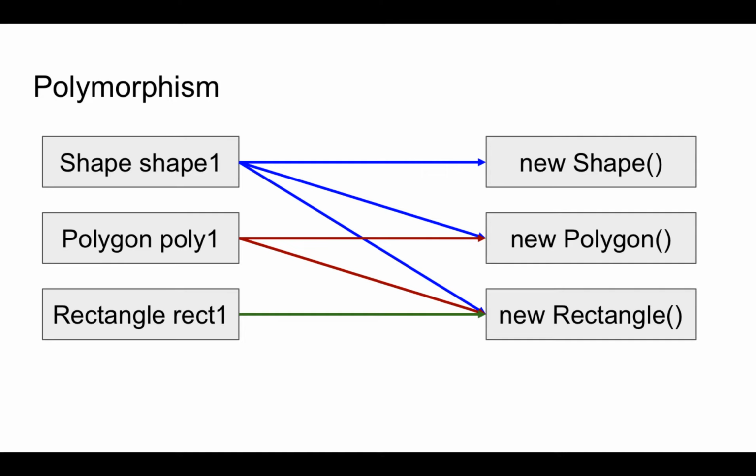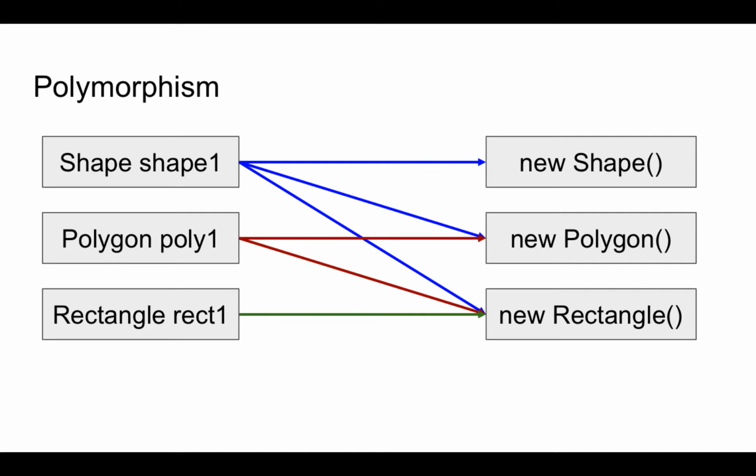In addition, we've also got our polygon reference variable, that second line right there. This is capable of referencing objects of the polygon class as well as the rectangle class, but we cannot use a polygon reference variable to reference objects of the shape class. We can't do this in reverse because while a polygon is a shape, it's not necessarily guaranteed that a shape is a polygon.